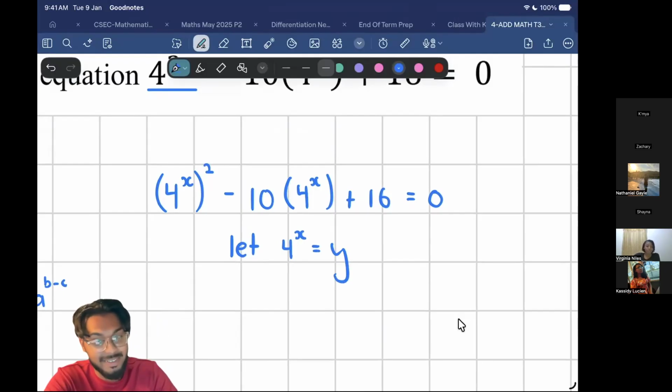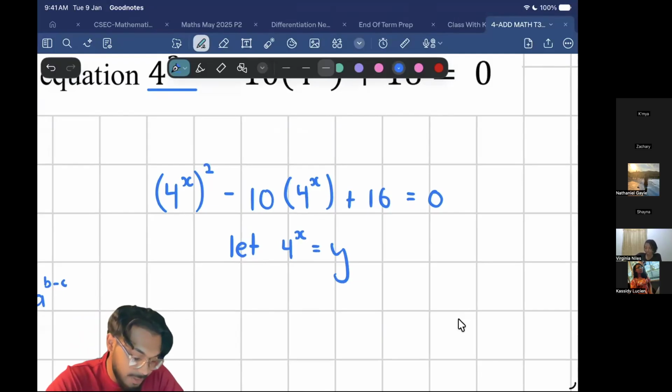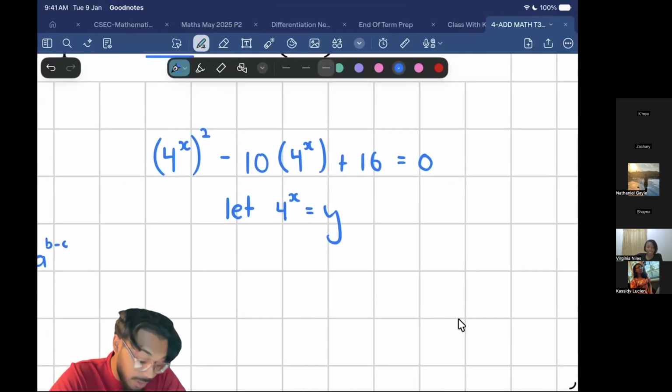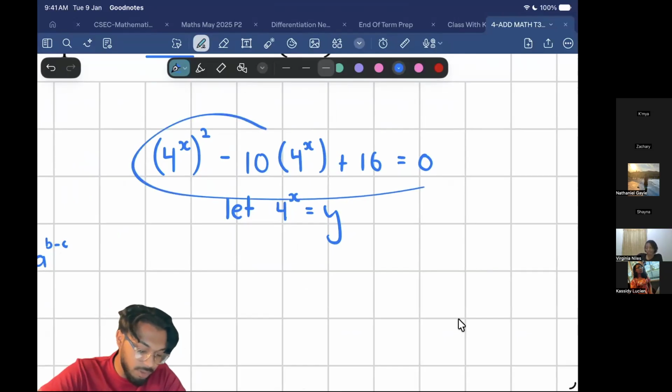You could use i, anything besides x. Alright, moving on. So if I say 4 to the x is y, what is this equation going to become?